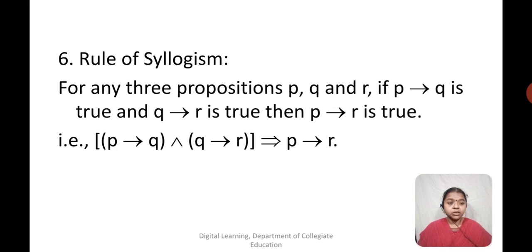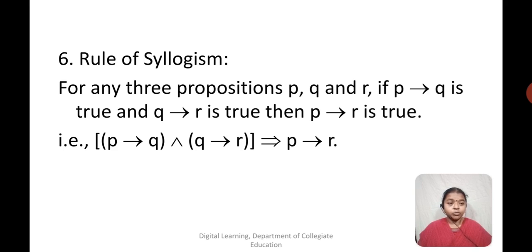Now this is similar to a property which you have studied in relations, right? We have studied the symmetric property, the transitive property, and what is one more? The reflexive property. When I say reflexive, both are related to each other. When I say symmetric, X is related to Y implies Y is related to X.